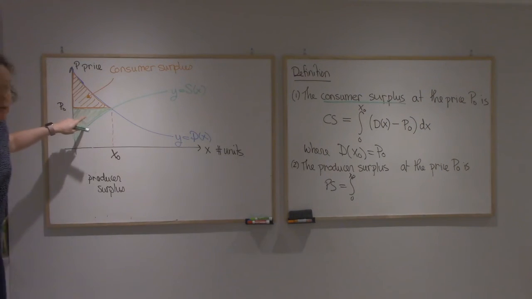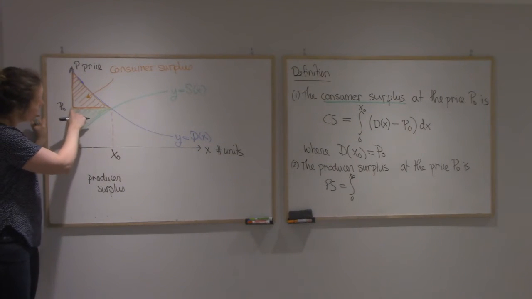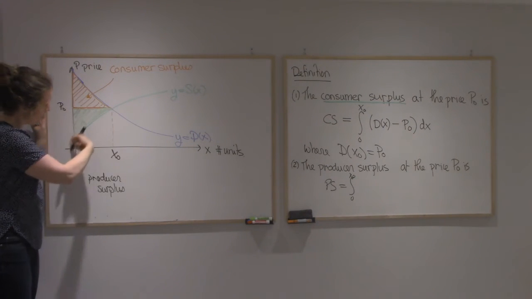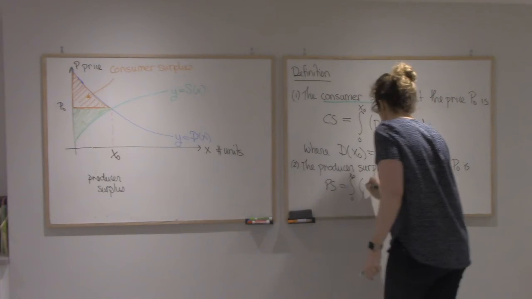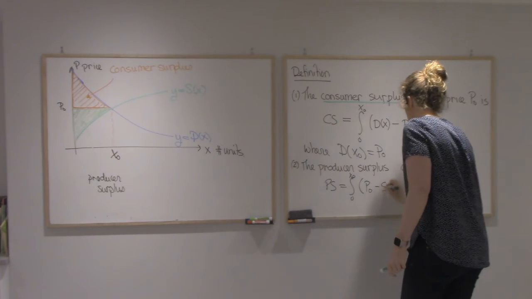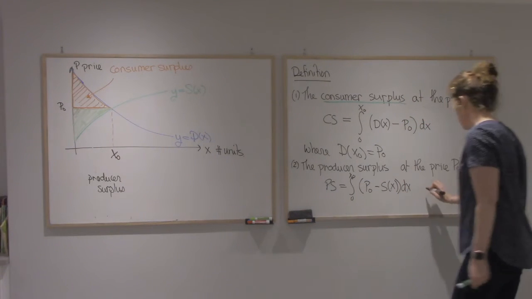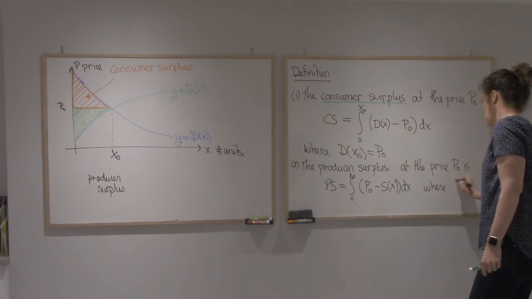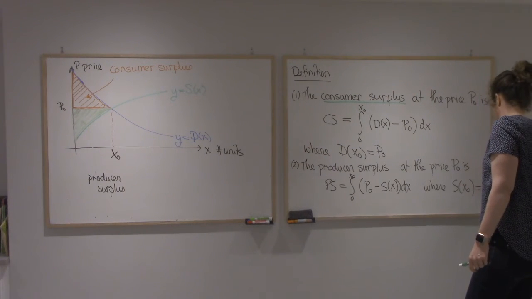But because we're looking at this bright light green region, top will be p0 and bottom will be the green curve, so the supply curve. So now it's going to be p0 minus s of x dx, where s of x0 equals p0.